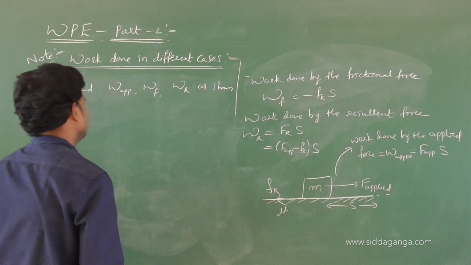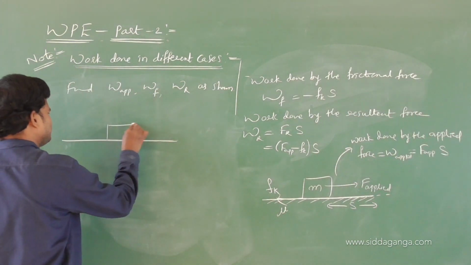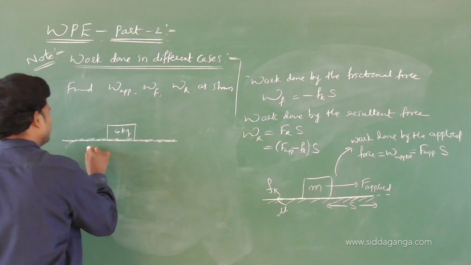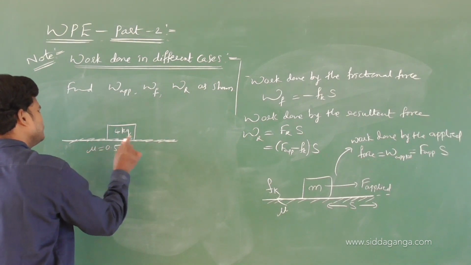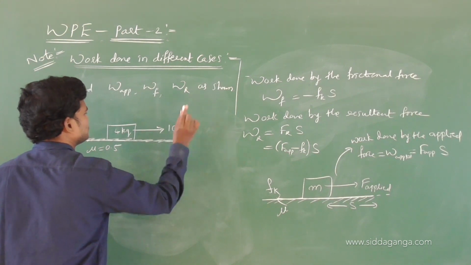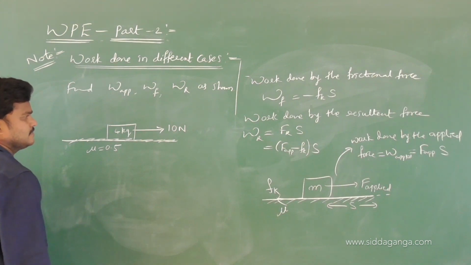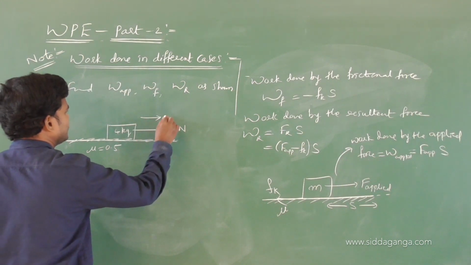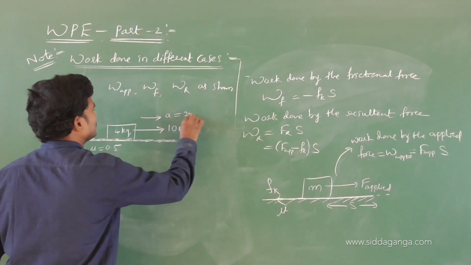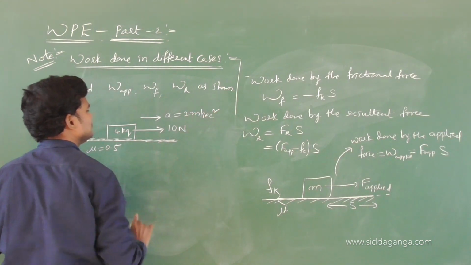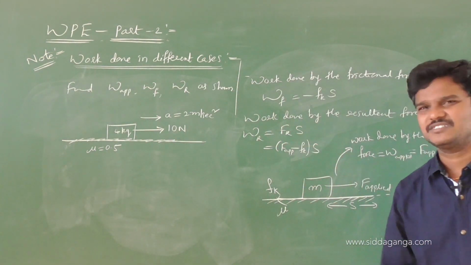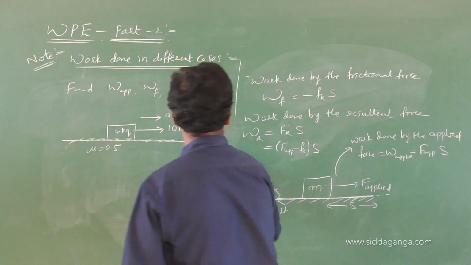The diagram looks like this: 4 kg, mu is equal to 0.5, applied force is 10 Newton, so that it moves with an acceleration a. a is equal to 2 meter per second square. See, they have not given the displacement. Find this one. I gave a simple, general example to get some confidence.